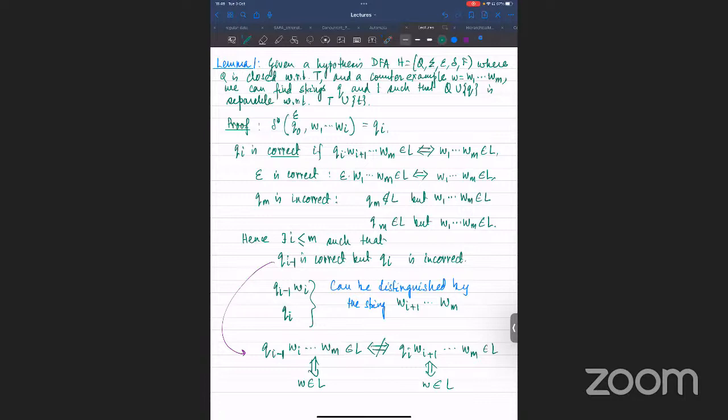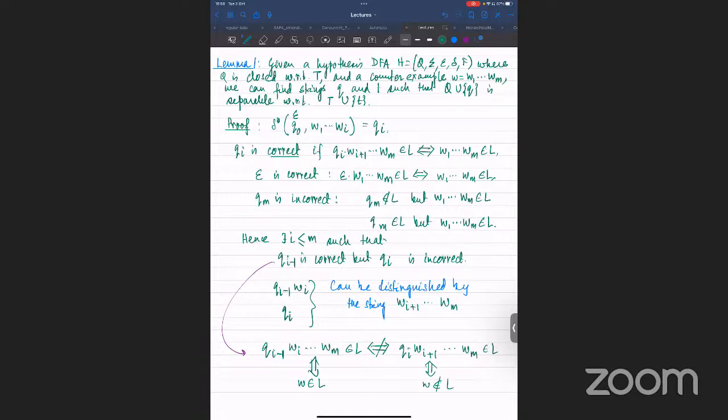So now the definition of correctness is, if this belongs to L, then this has to belong to L. But since Qi is incorrect, that means this is the case. Are you having trouble here?